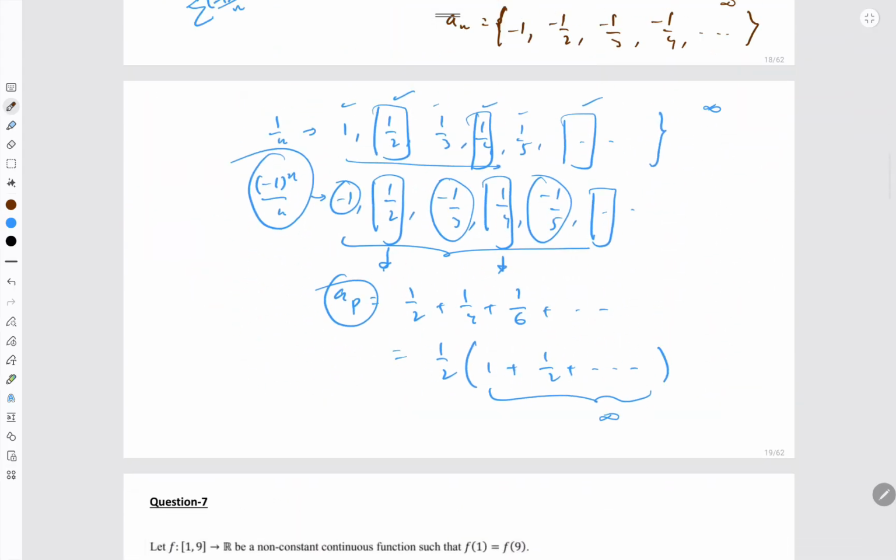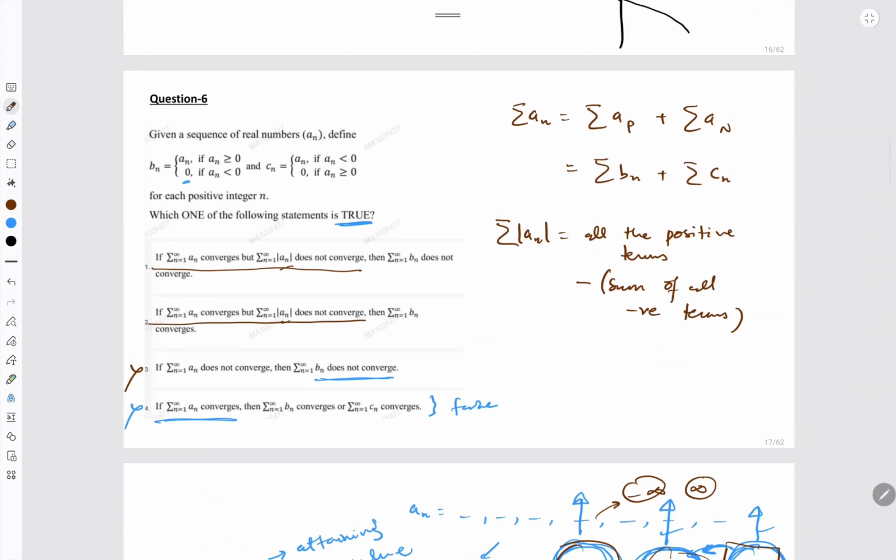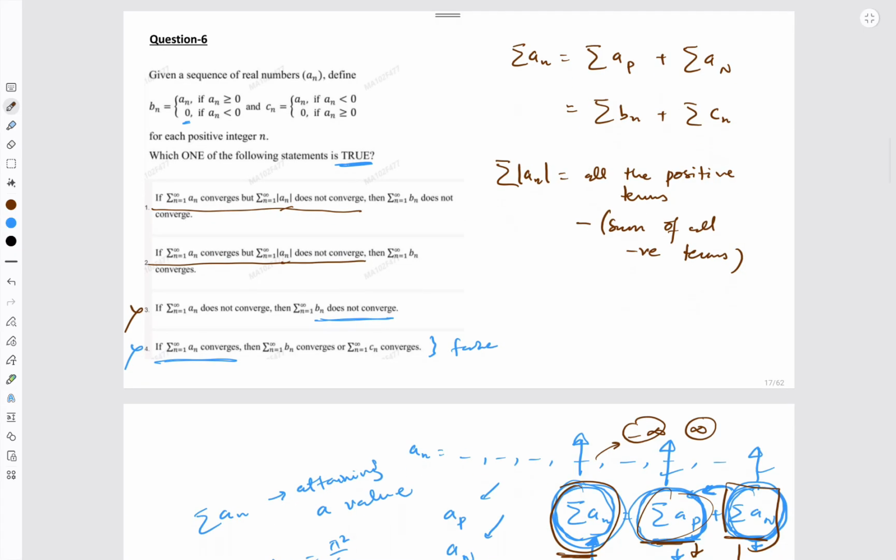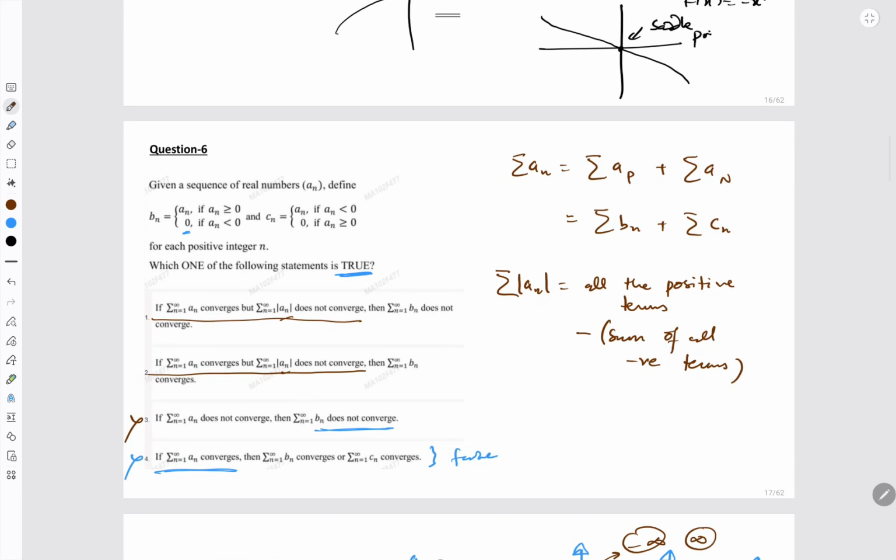I do not have much space here, but I'll use a small space. It is saying an is converging. An converging means we are adding positive terms and the negative terms are cancelling some of the positive terms, right?